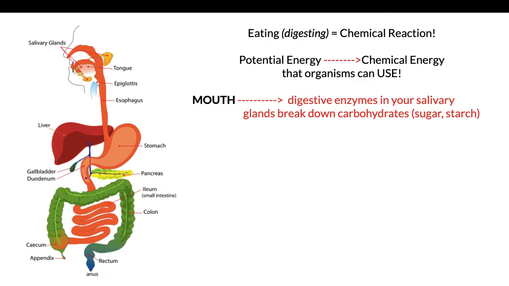So if you take a bite of an apple, there's glucose in there. There is sugar in an apple. Bread, rice, cake, cookies, anything with sugar or starch, the enzymes will start to break that down in your mouth as you're chewing the food, okay?